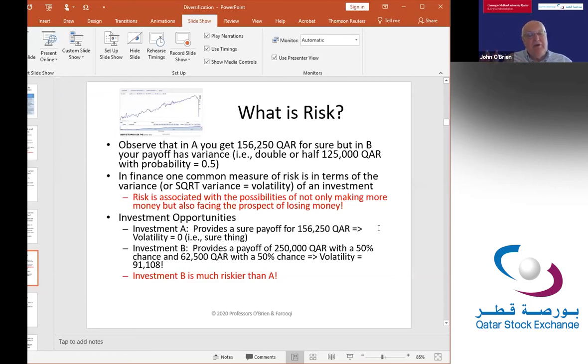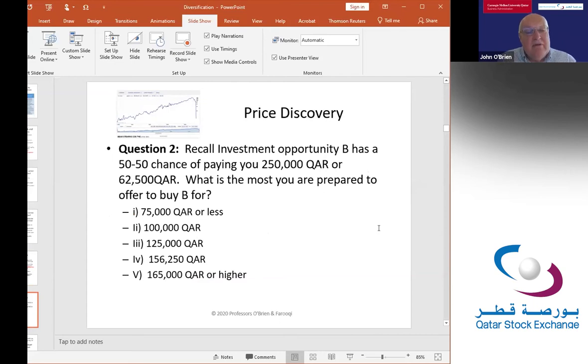So investment B, you can say, is much riskier than A, because investment B gives you a variable payout, whereas A just gives you 156,250 for sure. So now we're going to ask a pricing question. And again, there's no right or wrong answers to this.